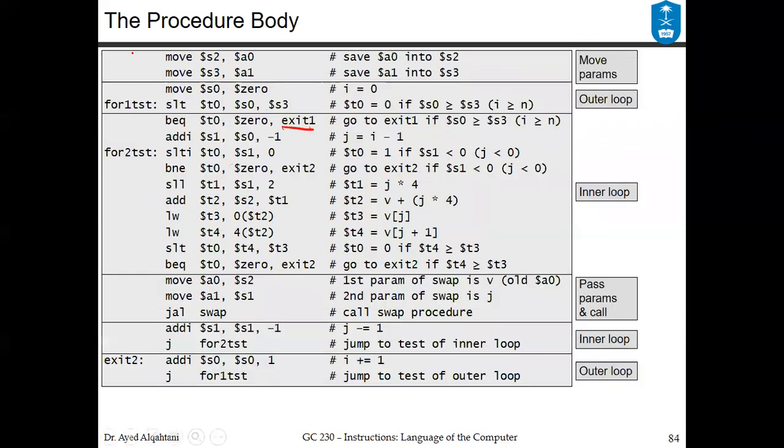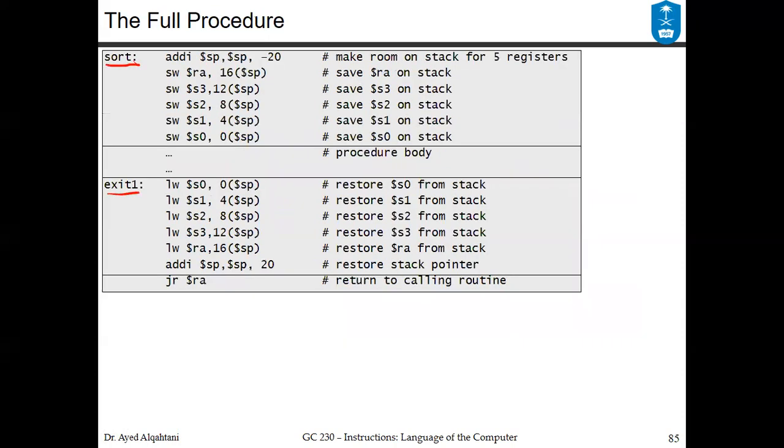And you will notice in the procedure that we used a lot of saved variables. We used S2, we used S3, we used S1. And also we need to save some other important values for the procedure, because every time you call the swap and then you come back, what happens?